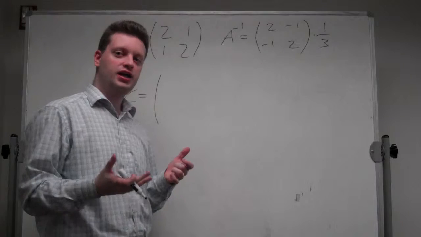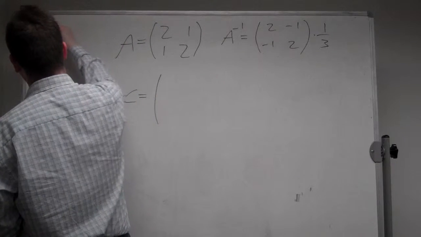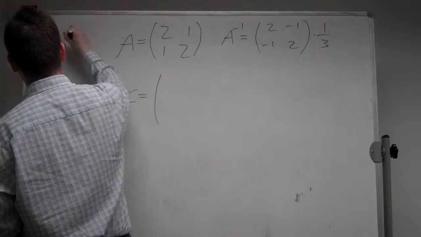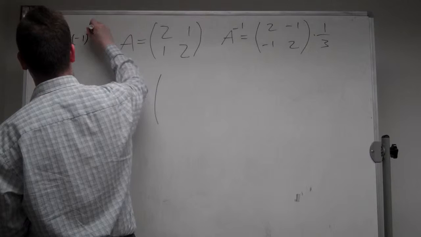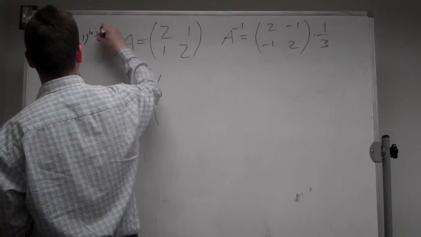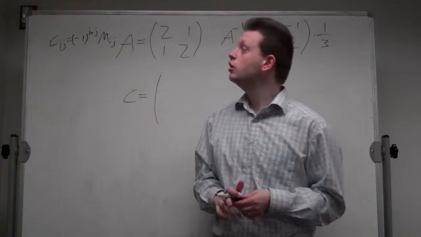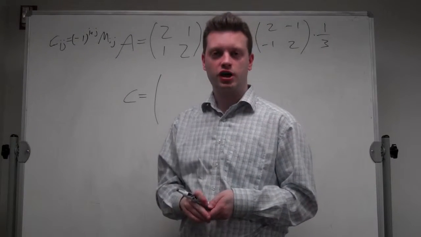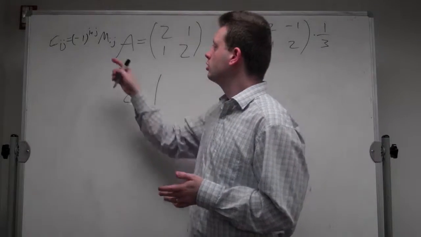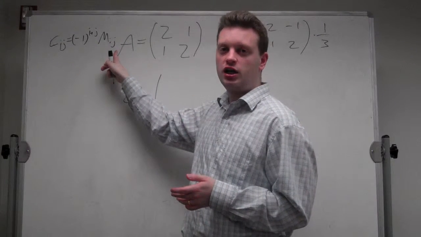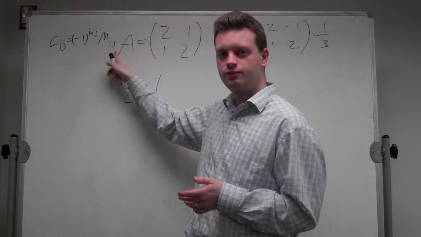The formula to get each of those elements is C_ij equals minus 1 to the power of i plus j times M_ij, where M_ij is the minor of the matrix, which means that you delete column i and row j, and you take the determinant of the remaining matrix.